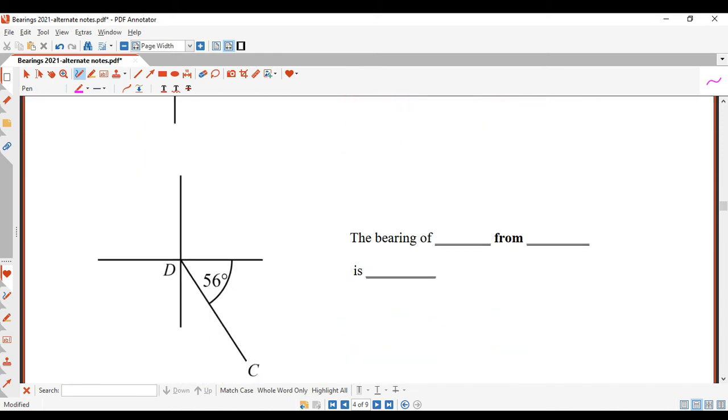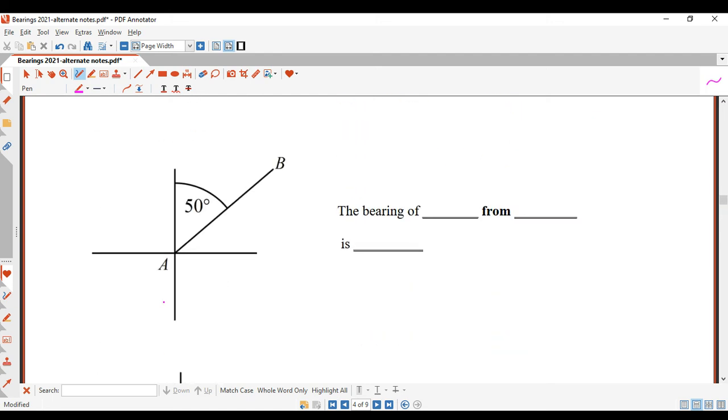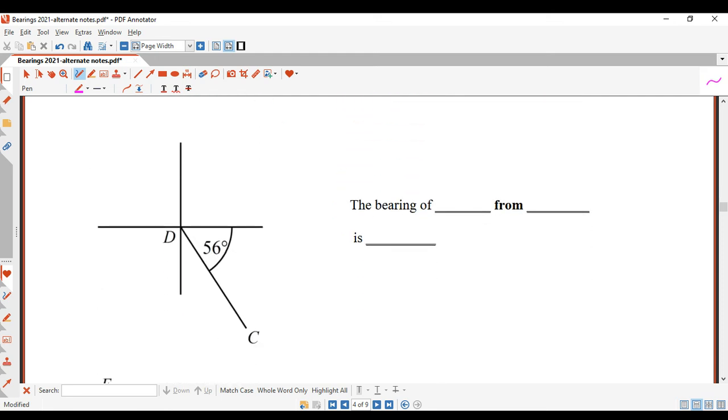All right, let's do a few more. You can try these ones. So the bearing of, again, we've got the bearing of B from A is, you can write it down if you want, 50 degrees, but we need 3 digits, so 050 degrees. Okay, try this one on your own as well.